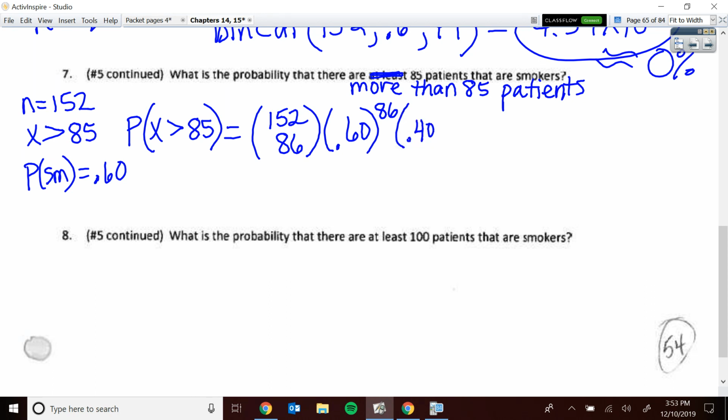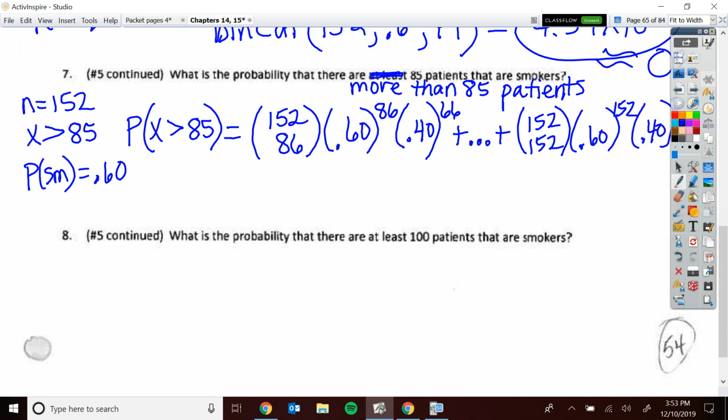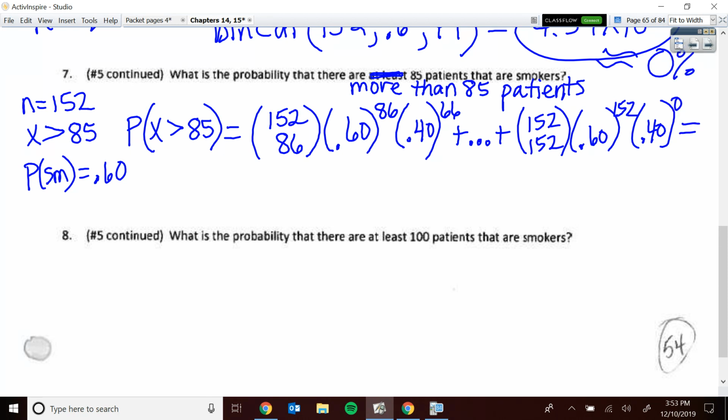And if I want more than 85, then I have 66 failures. Okay, that's the first in the sequence, and let's do the last. Of course, that's 152 successes and no failures. Now here's the trick. Let's talk computing.